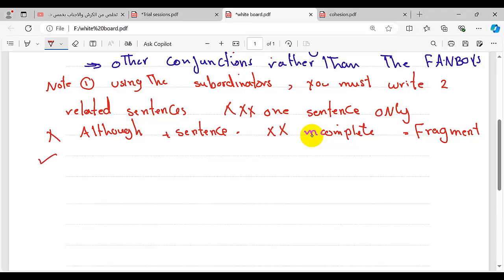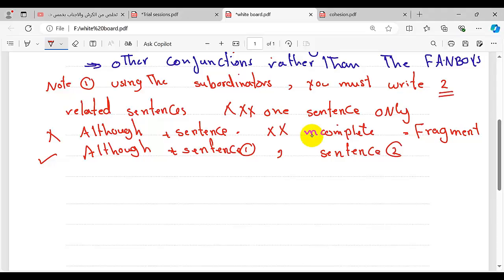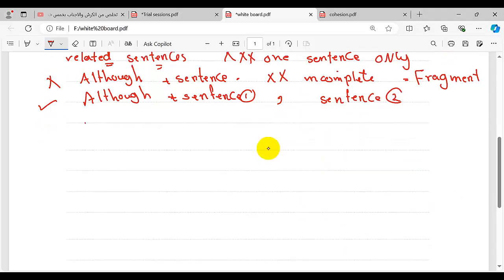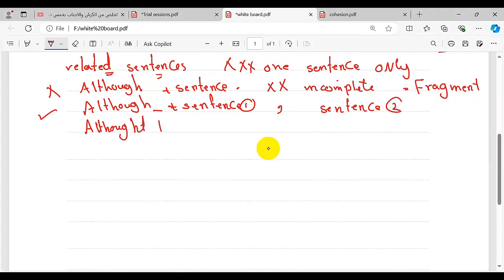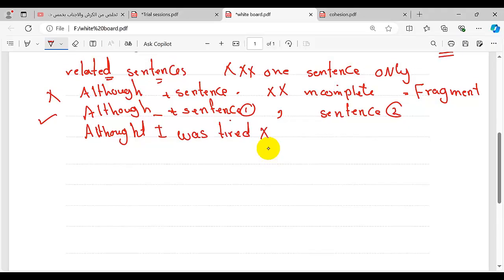But the correct one is writing although, followed by sentence 1, then comma, then sentence 2. So as we mentioned here, the rule is using the subordinators, you must write two related sentences. So if I wrote, for example, although I was tired, full stop, the meaning is incomplete.